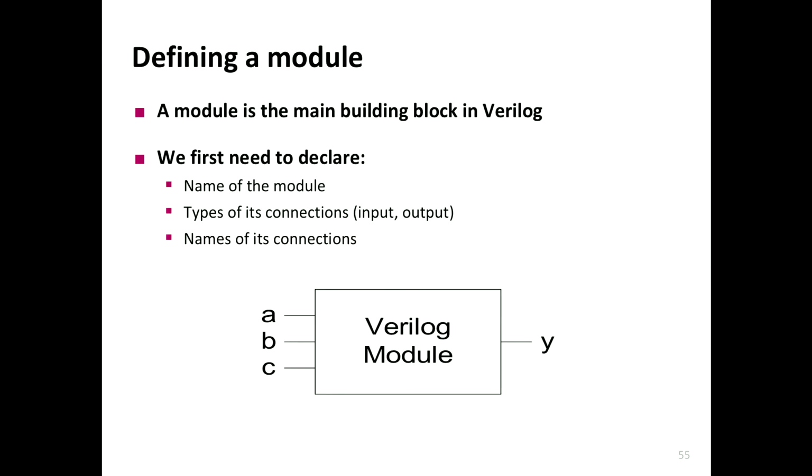So let's get started. The first thing is a module. What is a module? It's the building block of Verilog. You can relate to a module as something meaningful, like putting together a bunch of AND and OR gates. You can say this module represents some behavior of a circuit that you want. If you want to represent a Verilog module, what do you need for a circuit?